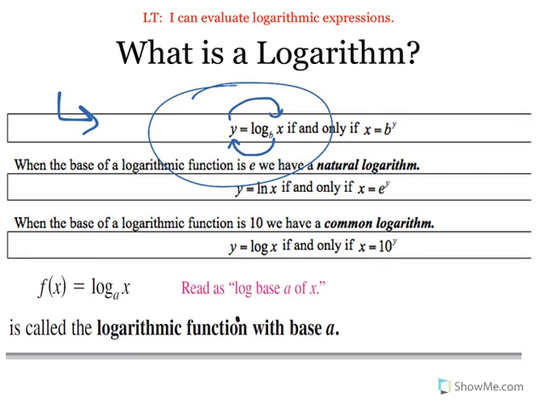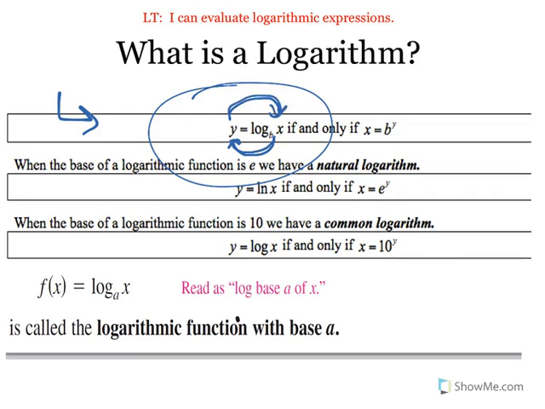This is something you'll hear me refer to as go around the world, because you're just drawing arrows in a big hoop there. I want you to pay attention to that process again though. Base b to the y and then back over to the x.